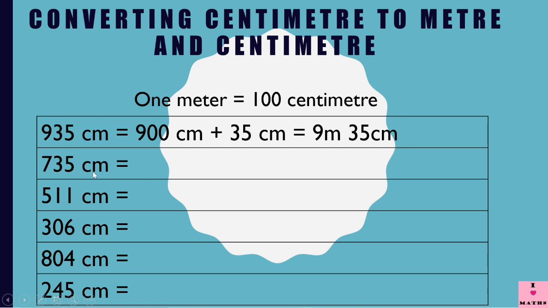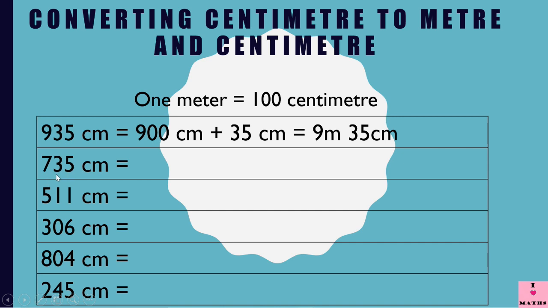735 centimeters. I want to change it into meters and centimeters. Now this has 700 centimeters and 35 centimeters. Now 700 centimeters is equal to 7 meters and 35 centimeters.